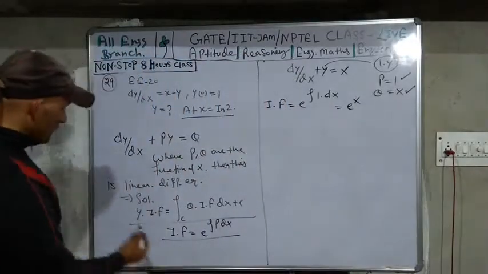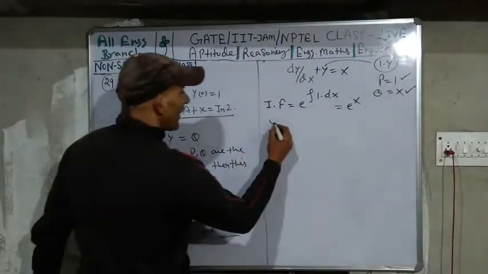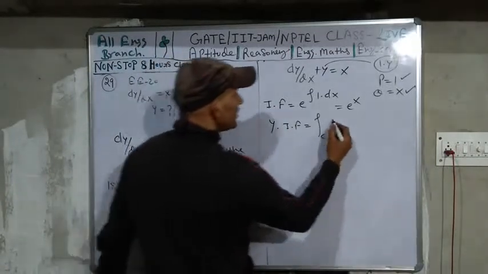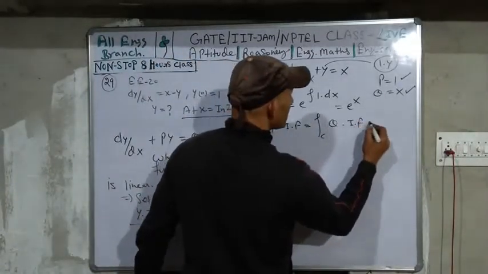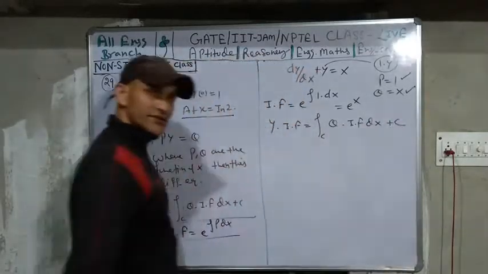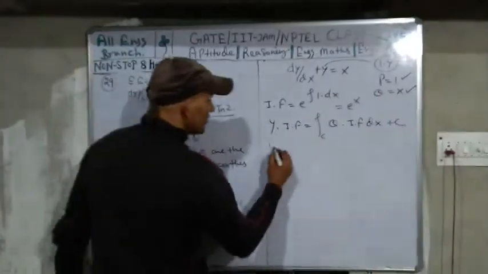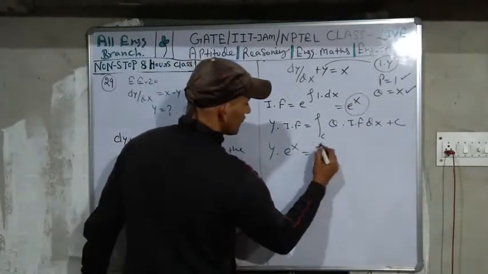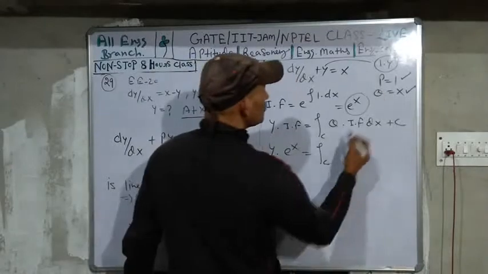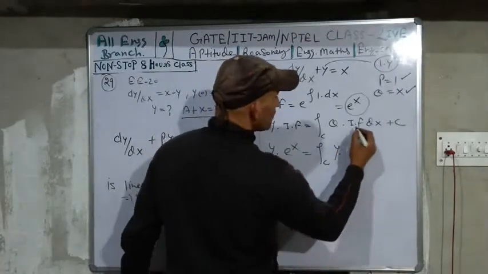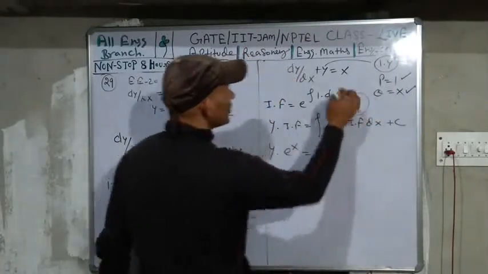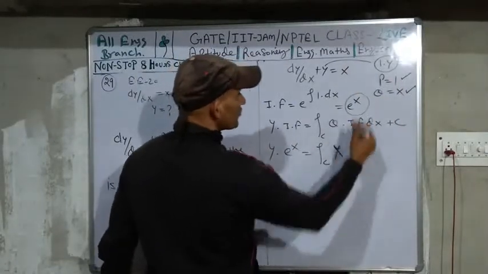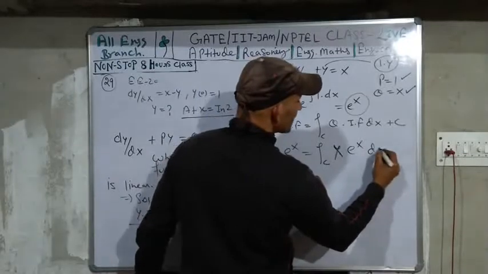Now you will use this method: y times the integrating factor equals the integral of Q times the integrating factor dx, plus c. This is your solution. So y times e^x equals the integral of Q, where Q is x, and the integrating factor is e^x, dx, plus c.